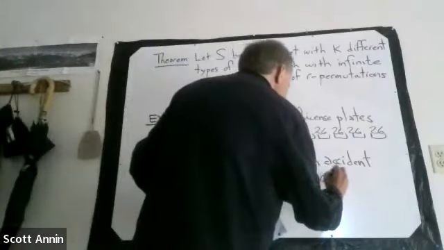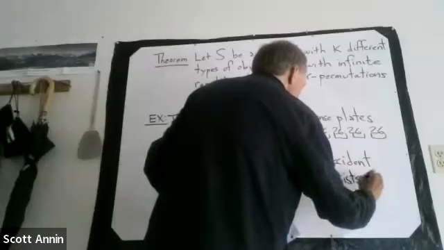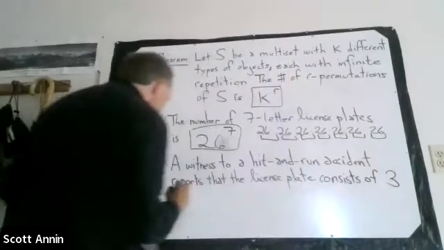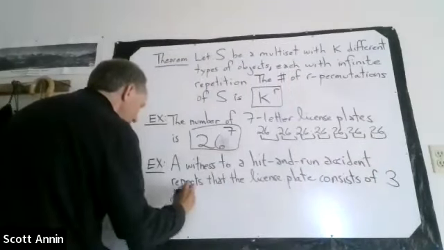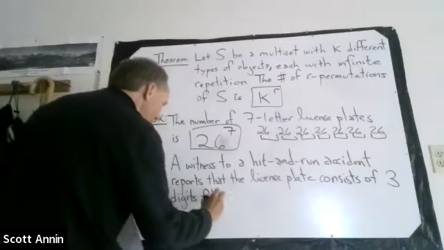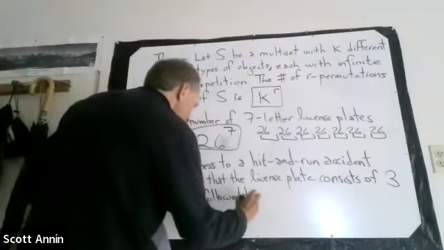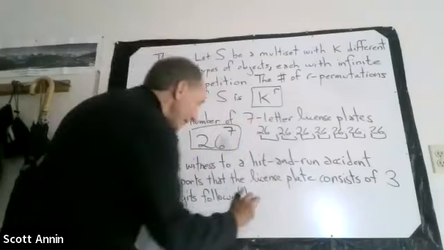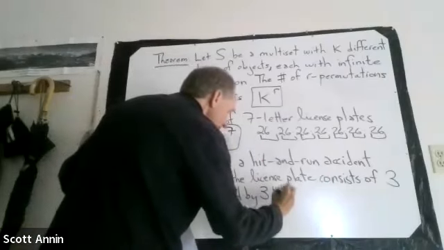It consists of 3 digits followed by, so the 3 digits come first, and that's followed by 3 letters.